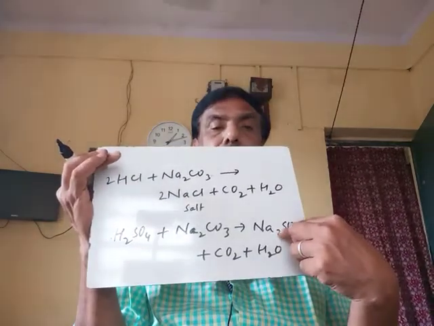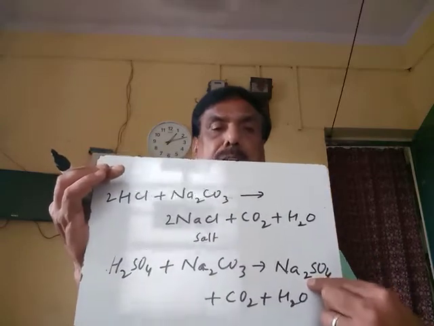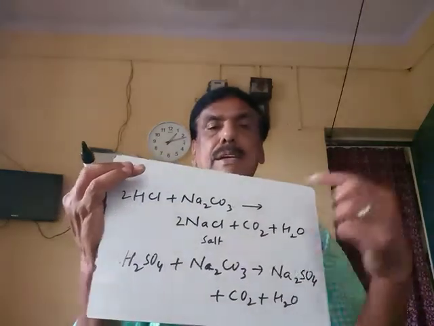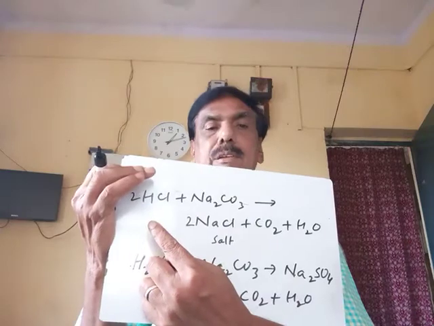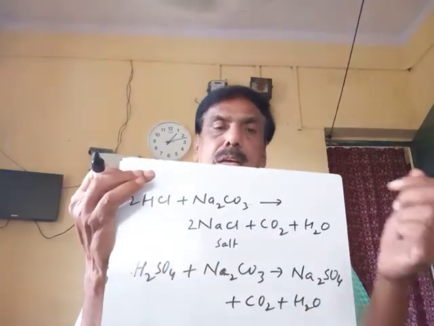When the acid is sulfuric acid, you will get a sulfate salt. When the acid is hydrochloric acid, you will get a chloride salt. In the same way, hydrogen carbonate also reacts with acids to give these things.